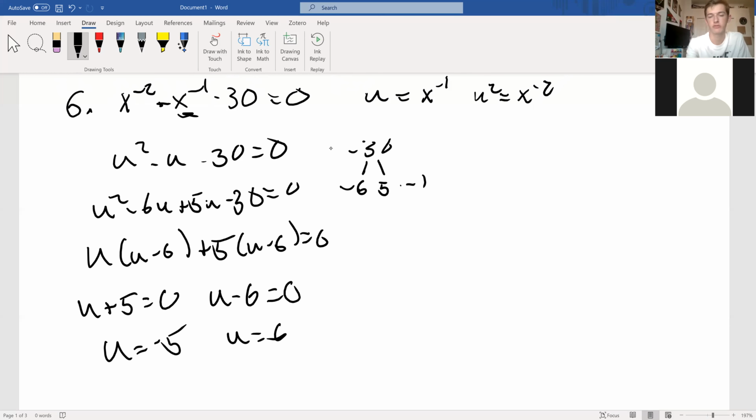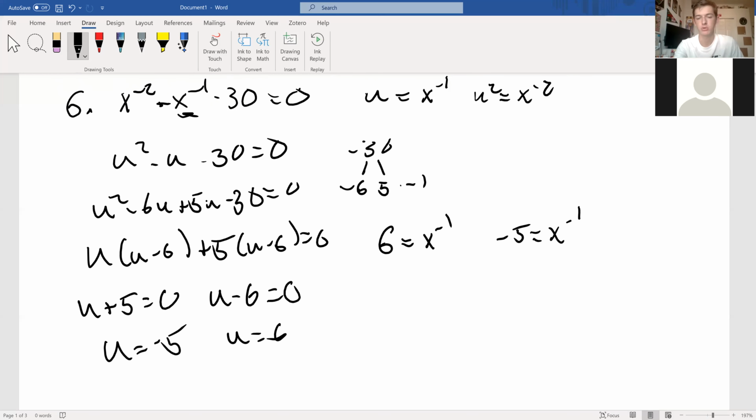So now plugging those back into my original, 6 is equal to x to the negative 1, and negative 5 is equal to x to the negative 1. Now there's 2 ways that you could solve this.